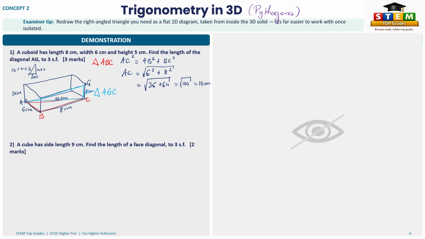So I'm just going to tidy up and write 5 in that case. So 5 centimeters. Now we have a triangle. You will remember that it says redraw the triangle, sometimes taken from the drawing. I'm going to copy this triangle. So we have 10 centimeters, 5 centimeters, and then you have A, G, and C.